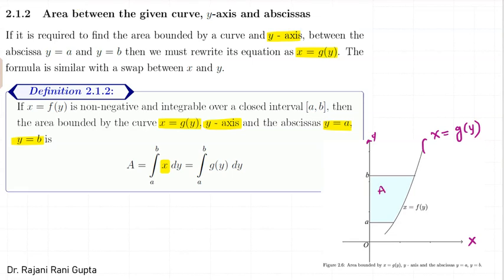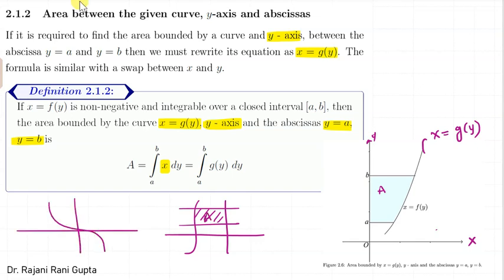Okay. So, again, here the possibility is the area may lie on the right side of the y-axis, or it may lie on the left side. This may be your area. Or again, the third case may be like it lies partially left, partially right. So you'll have two areas which are on both sides.